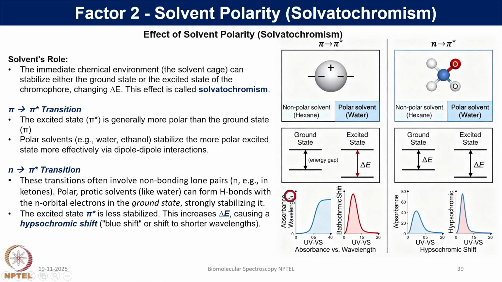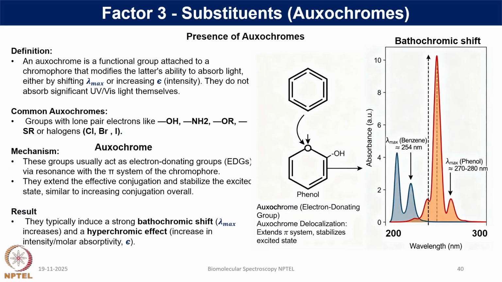This is bathochromic shift, red, and this is hypsochromic shift. Hypsochromic shift is happening in the n to pi star transition, and here bathochromic shift is happening. So we see that depending upon the solvent, our absorption is changing.